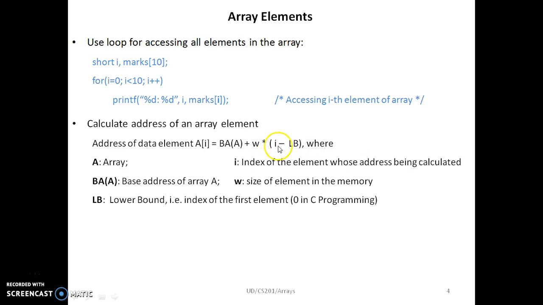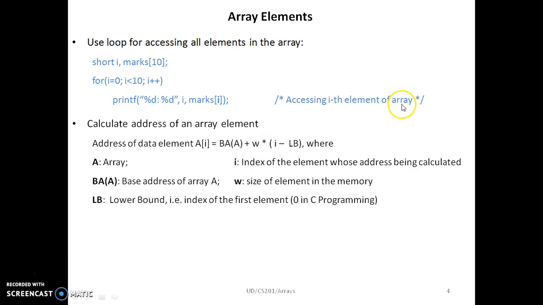So i is the index of the current element, and LB indicates the index of the first element in the array. LB essentially means lower bound, and please note that the value of lower bound LB is always 0 in C programming. Since it is always 0, the formula can also boil down to address of A[i] equal to base address plus W into i.